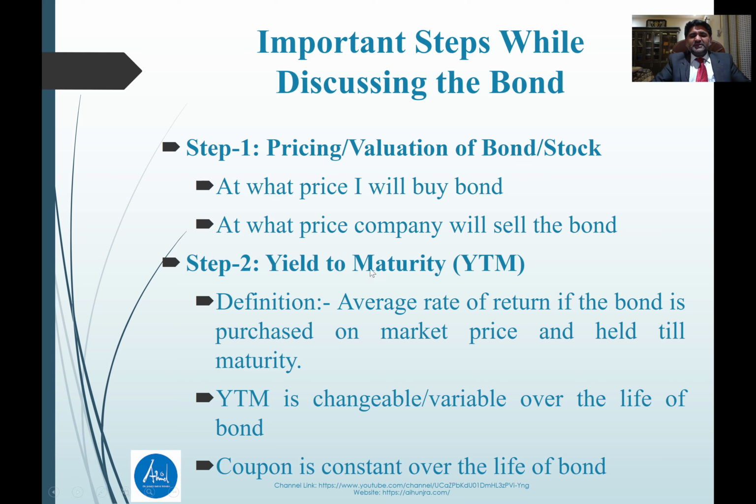The second point is yield to maturity. Yield to maturity is the average rate of return of a bond if the bond is purchased at market price and held till maturity.